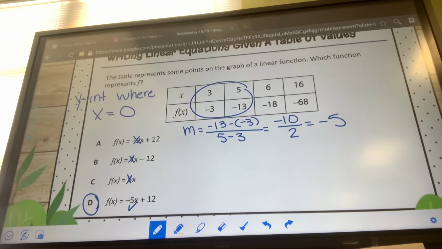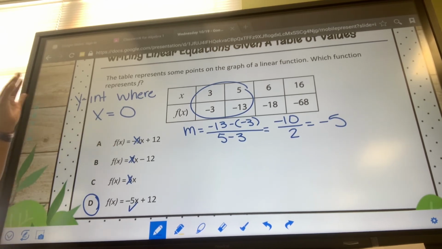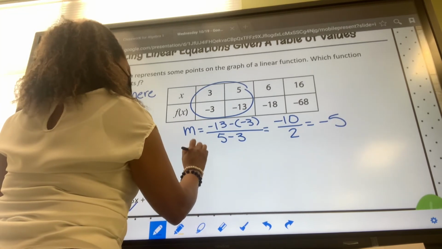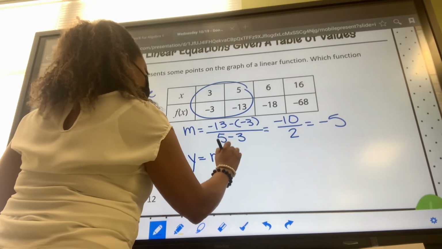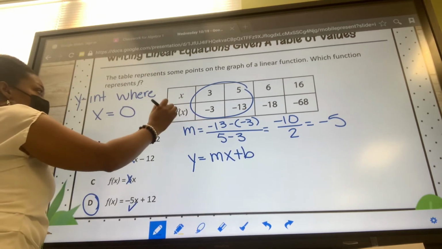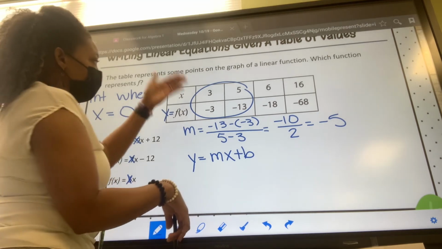Where did you get 12 from? All right, I'm so glad you asked, because what if one of these other ones said a negative 5x with a slope? You would have to find your b, right? Let me find our b. Y equals mx plus b. I got some y's and x's up here, don't I? I'll just take the first 2. 3.